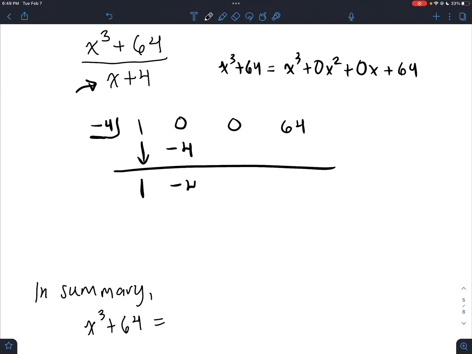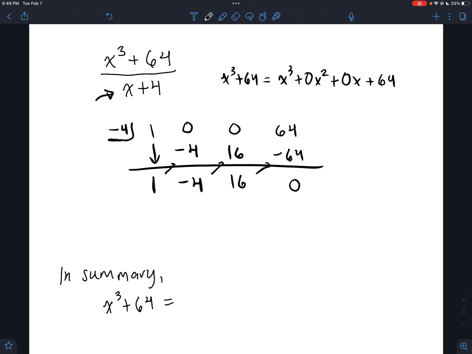Bring down the 1, get 1. Multiply it times -4. Bring that down. Basically, add it down. Multiply that times -4. Add down, you get 16. Multiply that times -4. And there you have it. We get our answer. So in summary, we have something that factored fully, completely.